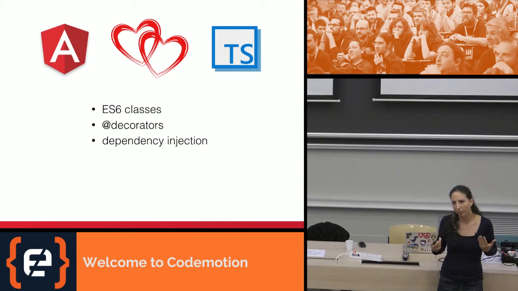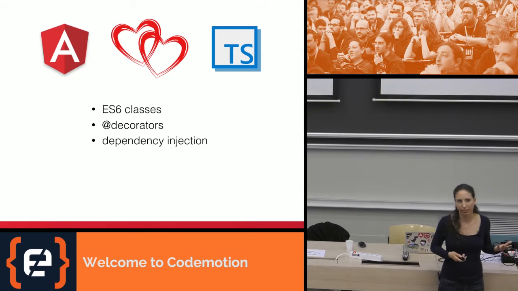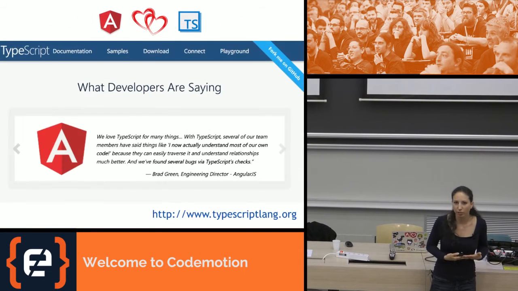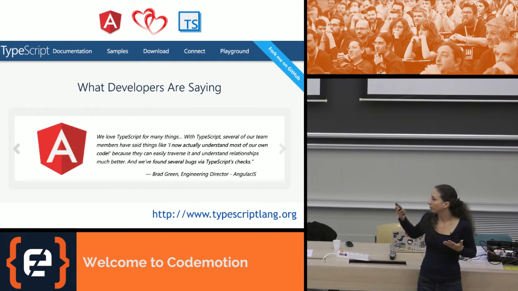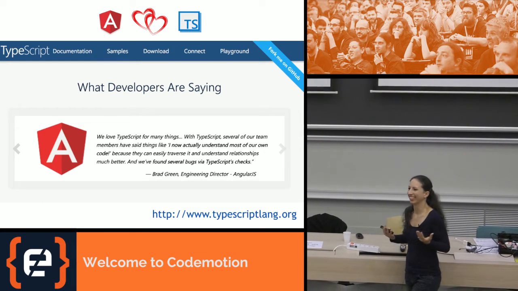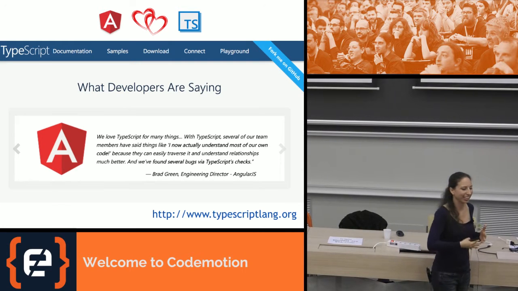I'd like you to think a minute about it. Angular is developed by Google, and TypeScript is developed by Microsoft. And who would have thought there would be such a great collaboration between these two companies? There's so much love in the air that they have even written recommendations on the website.